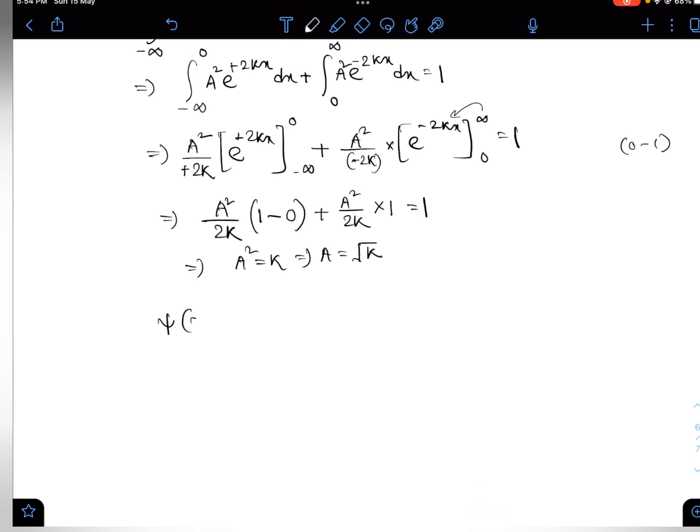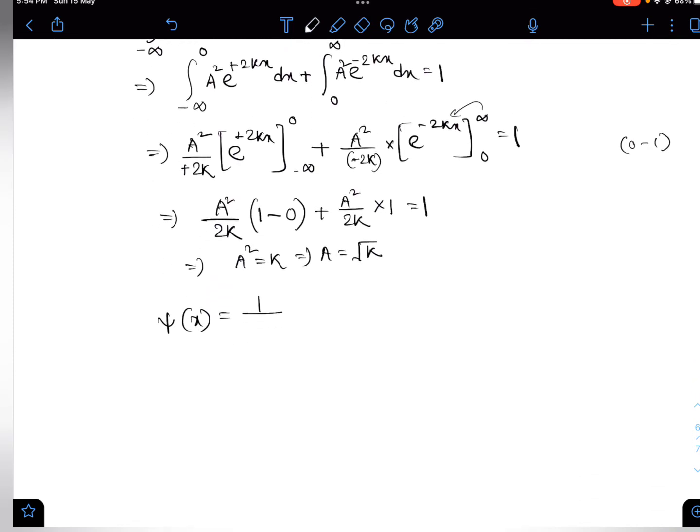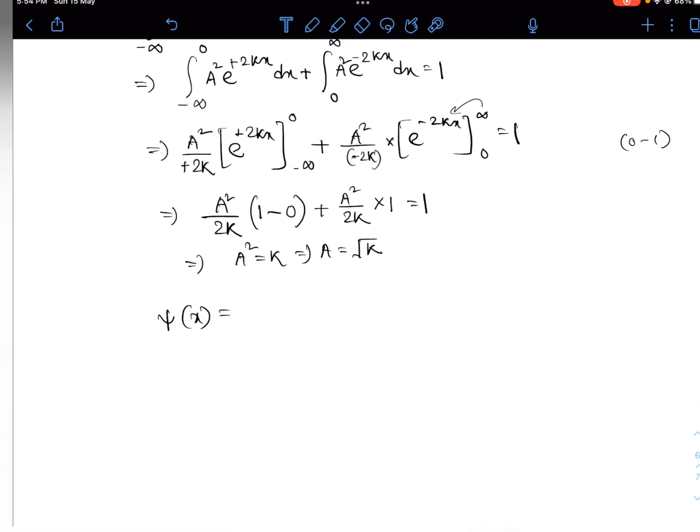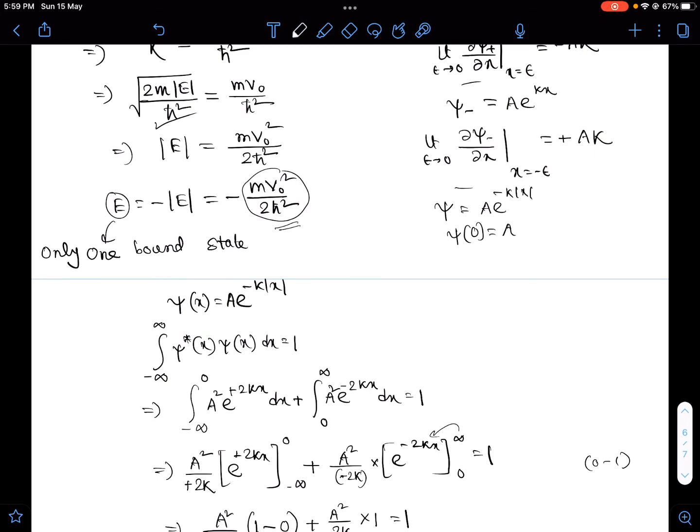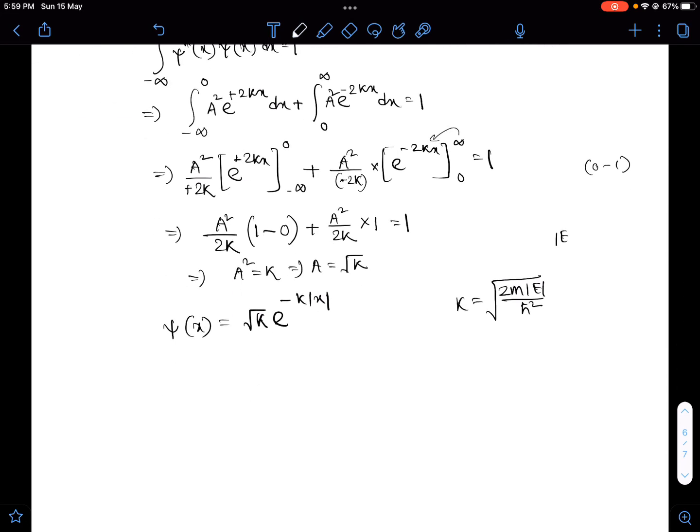So what is our wave function? Our wave function is, as A has the value root k, root k e to the power minus k mod x. So then we have k is 2mE by ħ squared, and E also we found out to be mV0 squared by 2ħ squared. Let me check once.